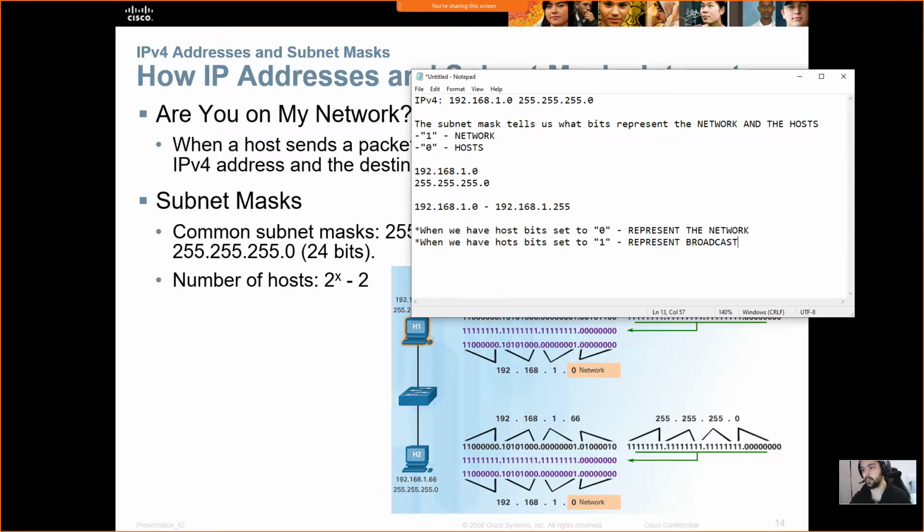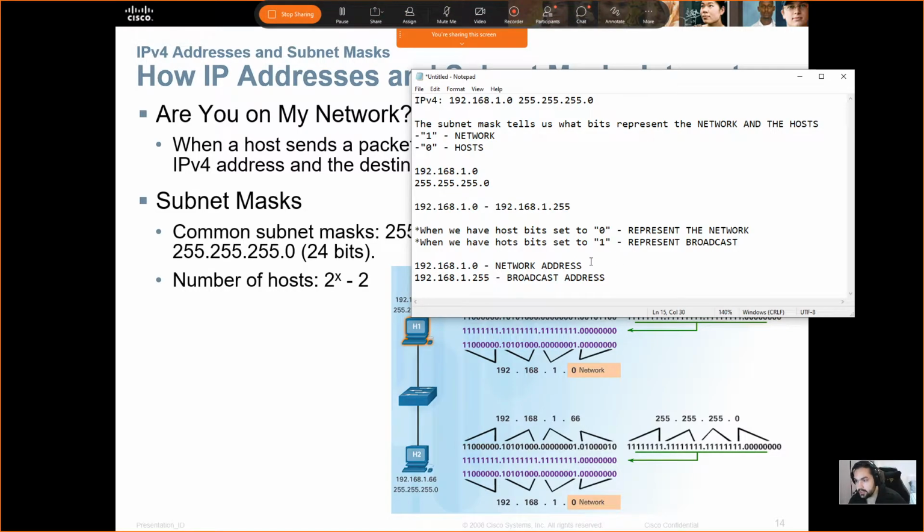So for example, when I say 192.168.1.0, this is a network address. It represents the network, correct? So this is the network address. And every time I have 192.168.1.255, I'm actually talking about the broadcast address.